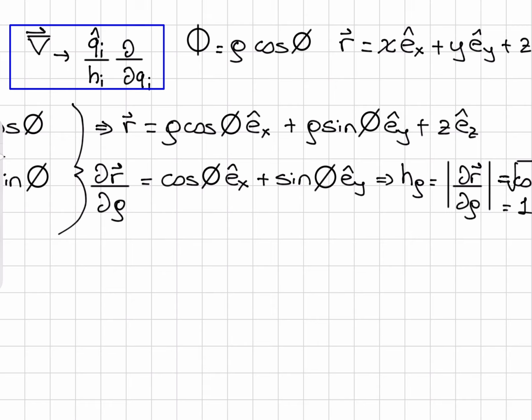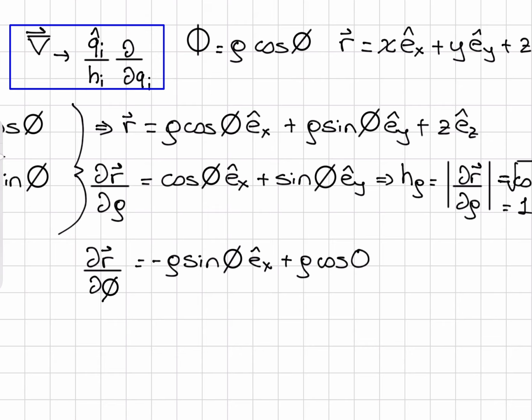And if I work on del r del phi, then I'm going to get a minus rho sine phi from this derivative and plus rho cosine phi from the y component. So we will have minus rho sine phi in ex hat direction plus rho cosine phi in ey hat direction.